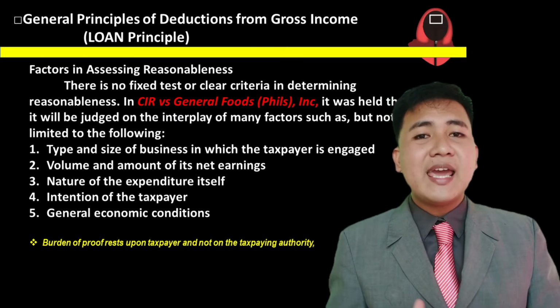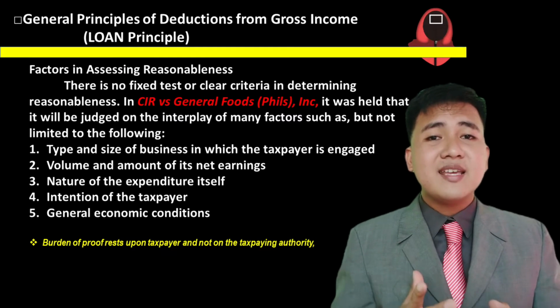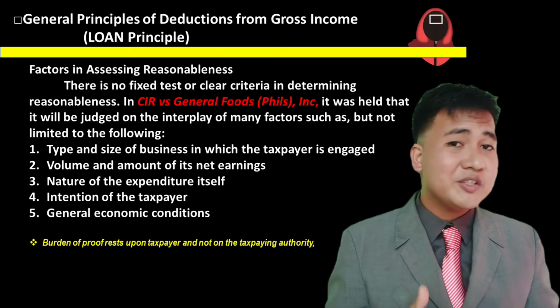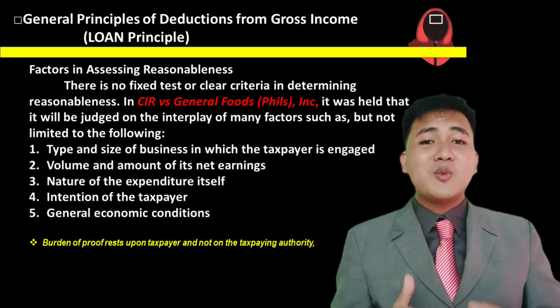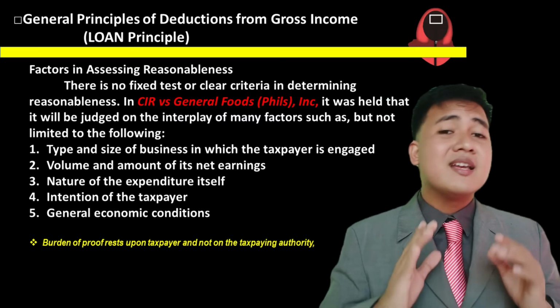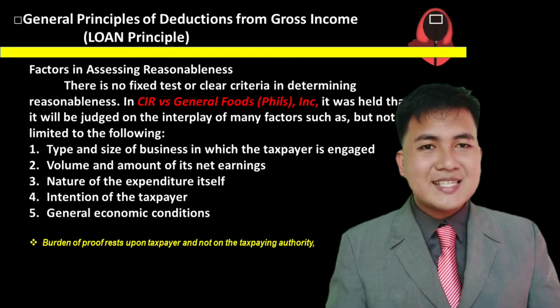And lastly, general economic conditions. These 5 are only some. As I said, it's common sense already that a business should not include an amount when it is not reasonable, right? This is what it means, because still the reasonableness of an expense rests upon the taxpayer and not on the taxing authorities.